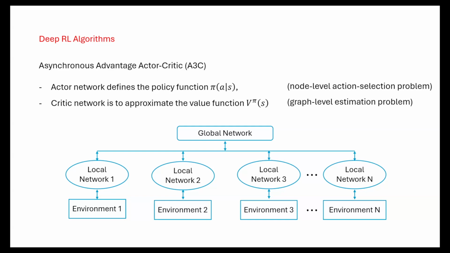Each local network has an actor network and a critic network. The actor network defines the policy function, which is the probability of taking each action. The critic network is the approximate value function, which is essentially the expected total return from a given state.